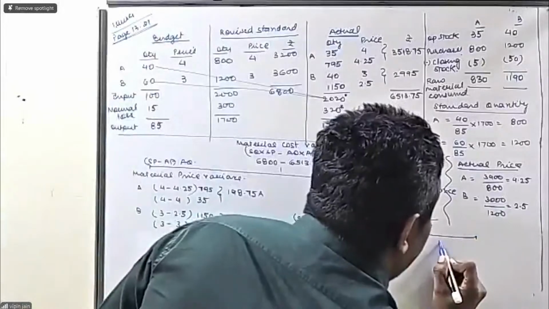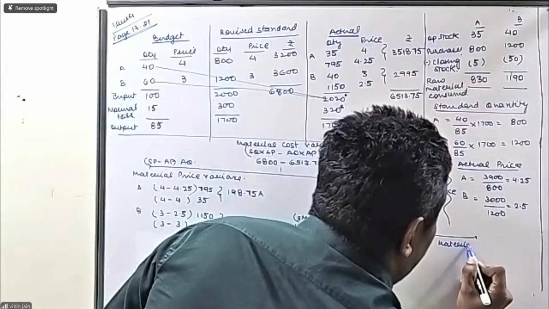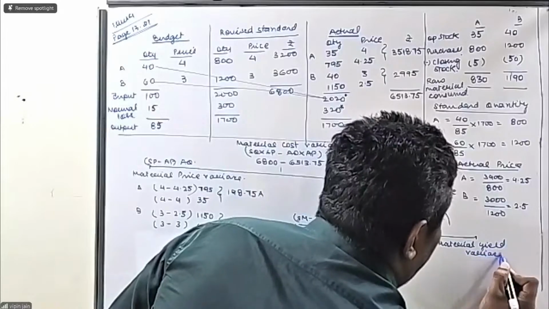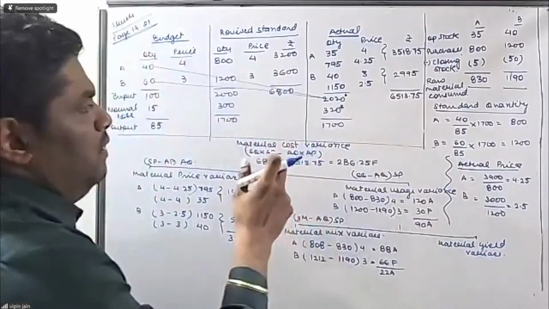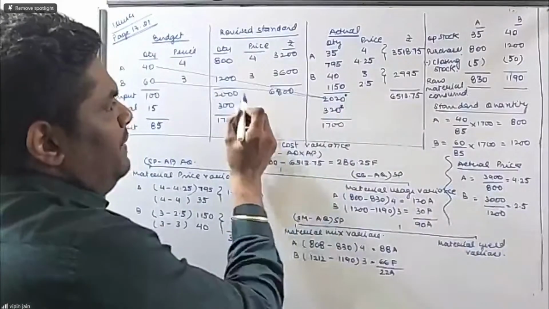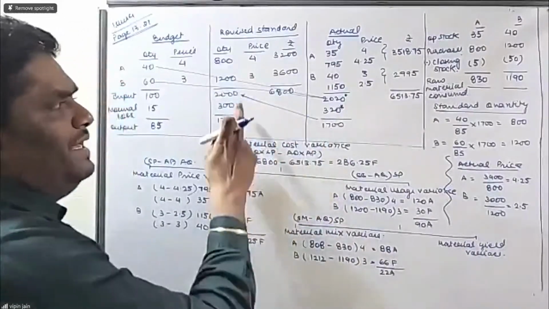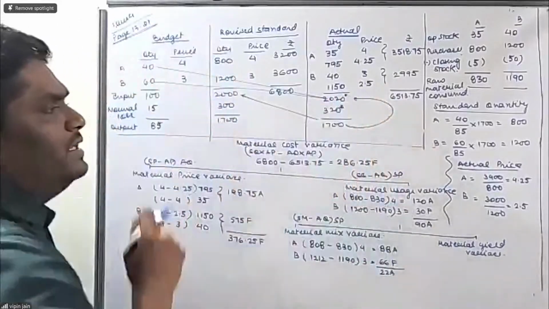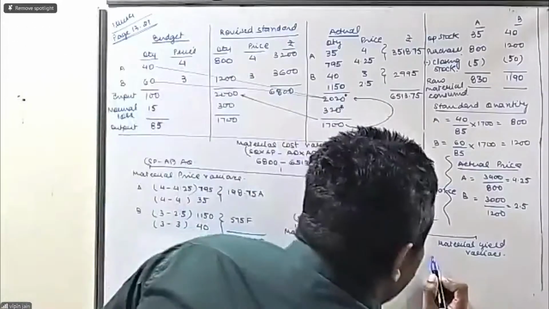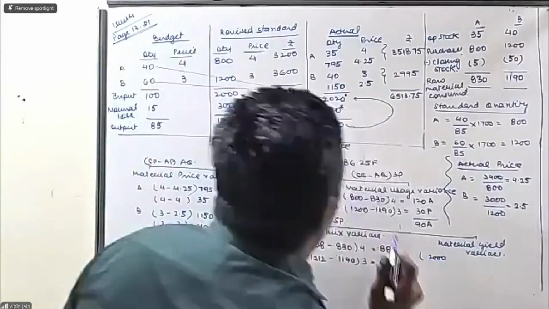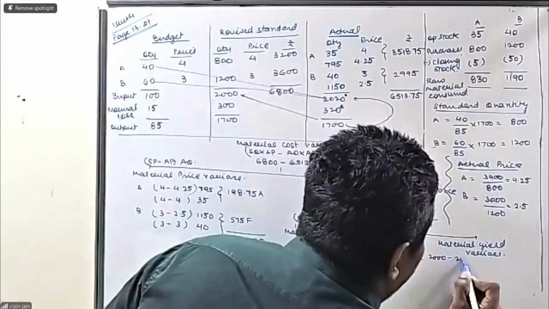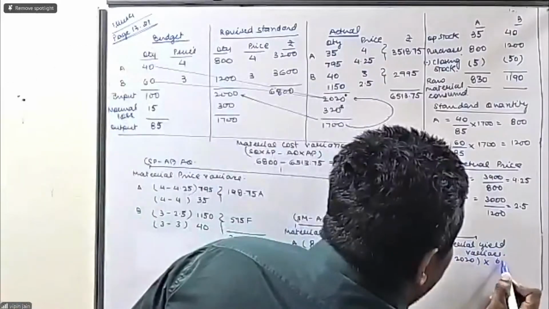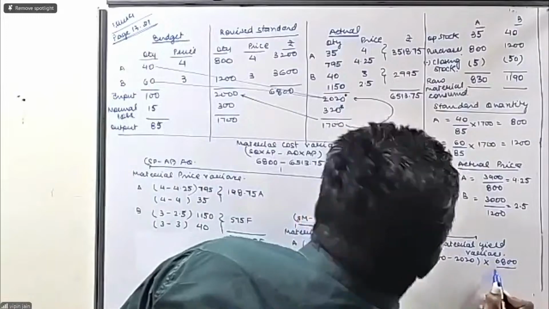And last is material yield variance. So these 1700 units should be manufactured using only 2000 kgs of material. But to manufacture these 1700 units, I actually consumed 2020. So the work was supposed to be completed in 2000 kgs, but I actually took 2020 kgs, into my weighted average rate, that is 6800 divided by 2000.